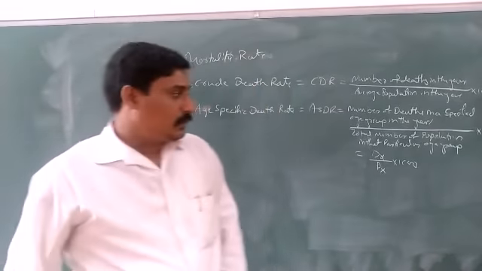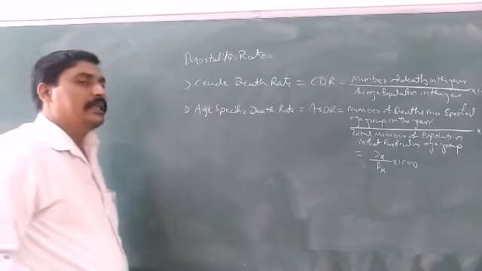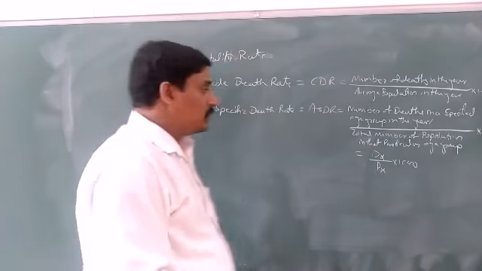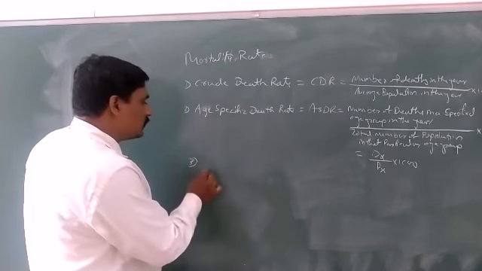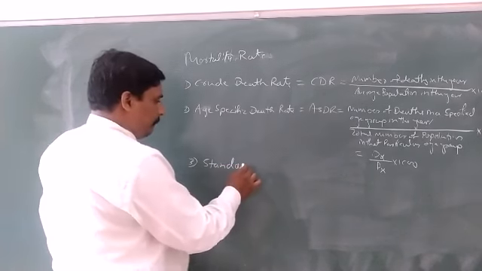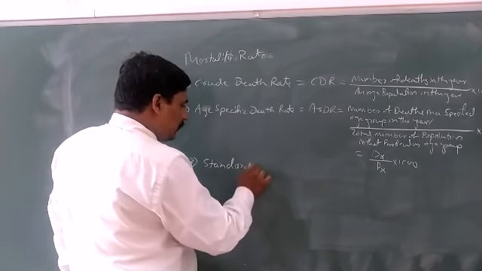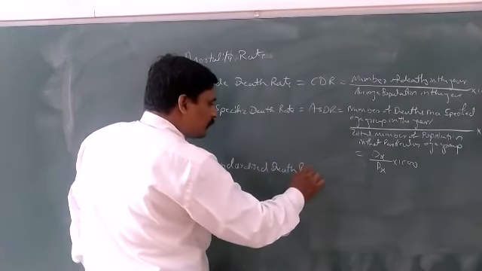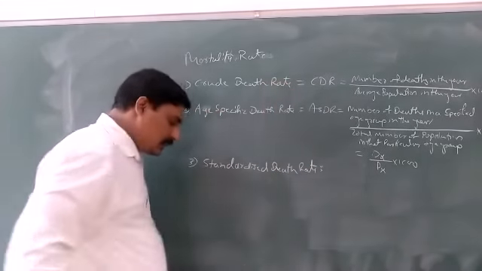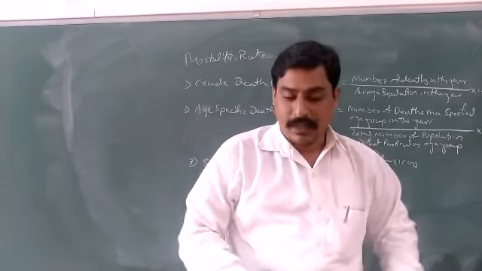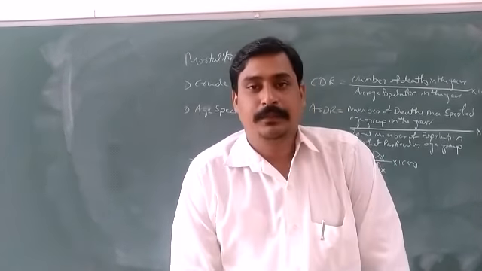Next comes, to overcome all these and to compare with other locations, the third concept: the standardized death rate. I can say it is the same as TFR, but the calculation is totally different.